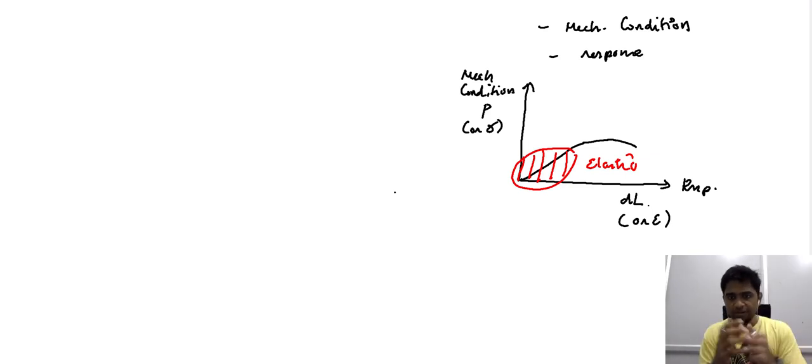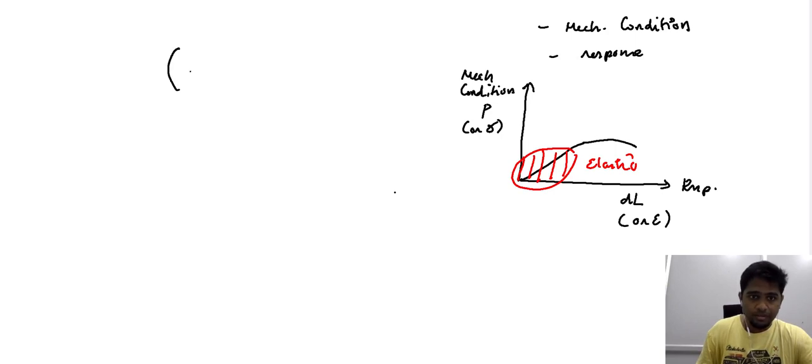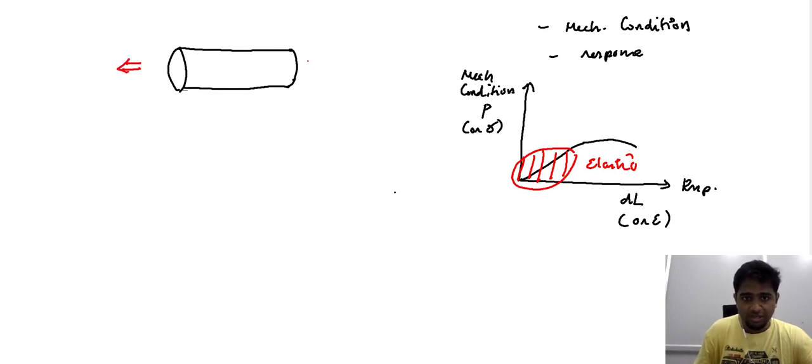Despite these different modes of representation, the implicit assumption we have made is that we impose a uni-axial tensile loading. Supposing we consider a simplistic sample like this, we are imposing a uni-axial tensile loading along the longitudinal direction.